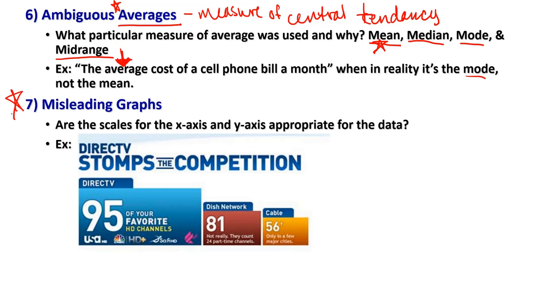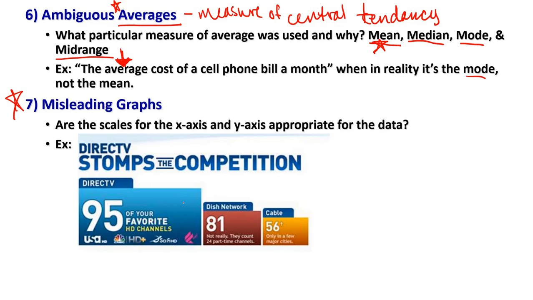What we're looking for is the difference between the X and Y axis scales and whether they are appropriate for the data being represented. DirecTV is the headline, saying DirecTV stomps the competition, and this is what they're showing. So what is so misleading about that? If you need to pause the video to take a better look at the graph, you can.